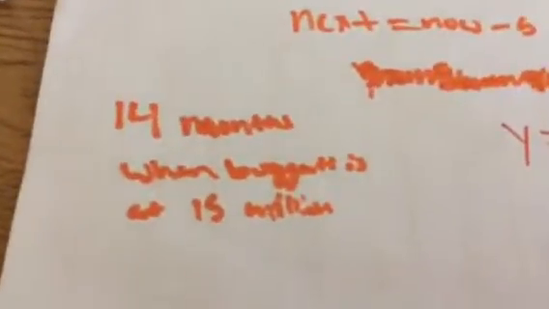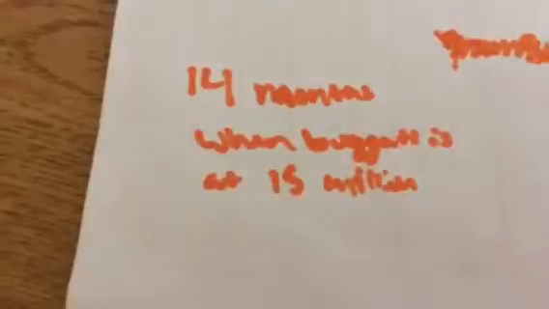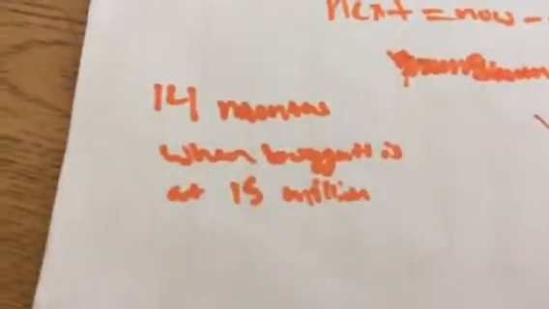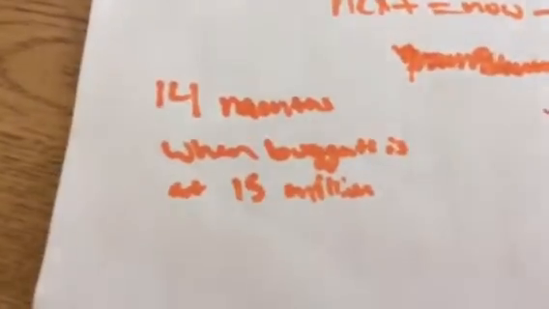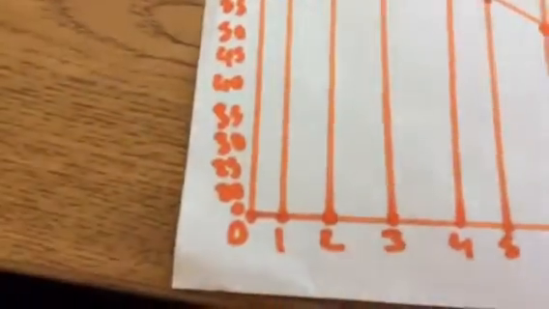And the answer to the second question would be after 14 years, his Bugatti will be worth $15 million. And here's the graph. It is going down, and there we go. Technically, it should not be hitting the line, but as you can see, we started the graph at 20 million.